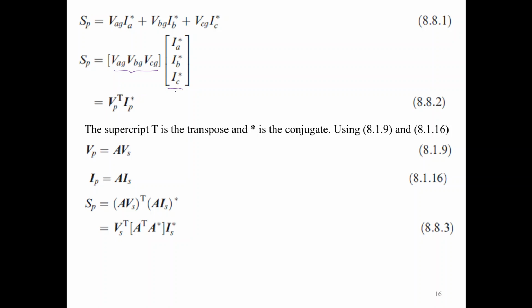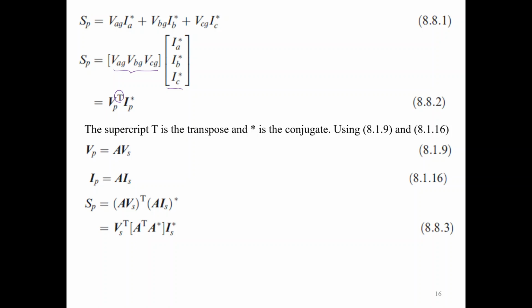We normally assume that the vector is a column vector, but if you want to express the row vector, you just put the transpose. All right. Now VP transpose times the conjugate of IP. Our goal is that we want to re-express this formula in terms of the sequence quantities.